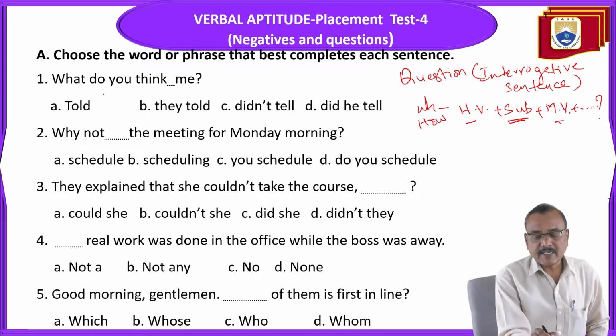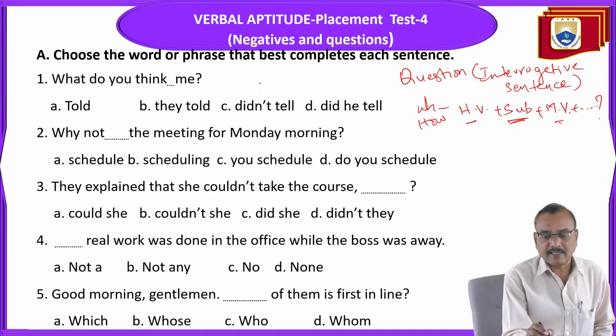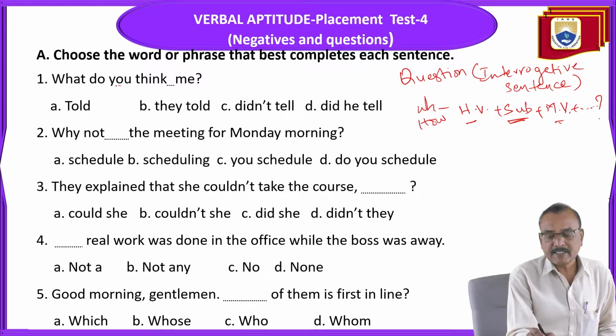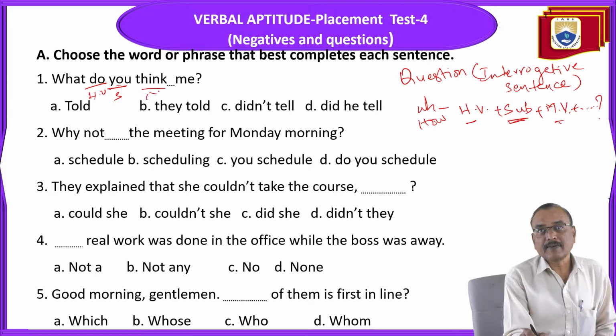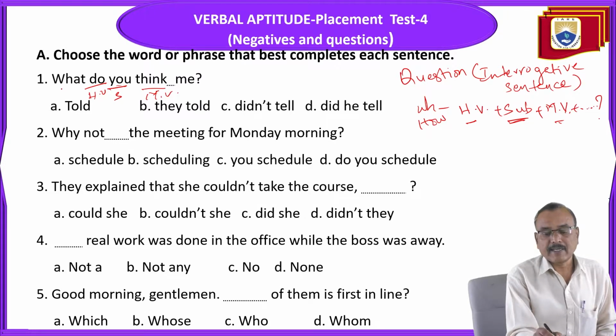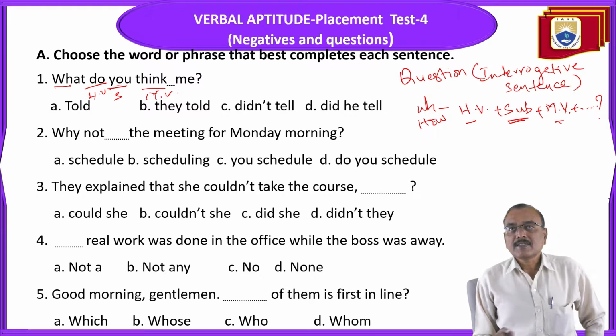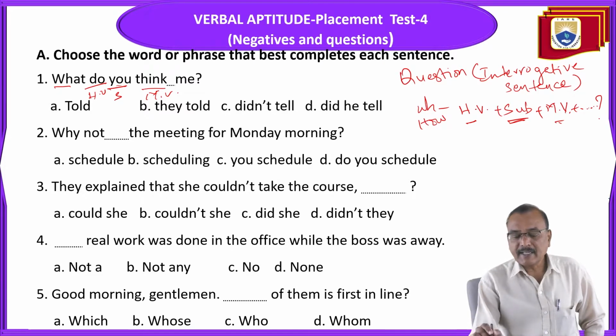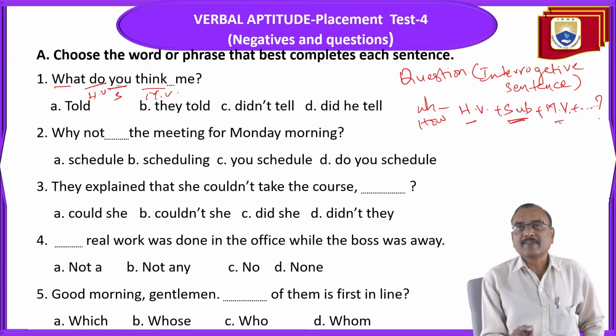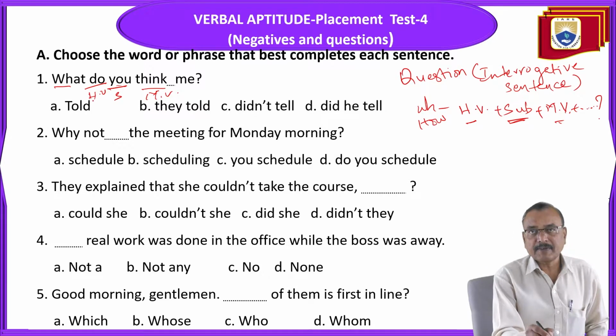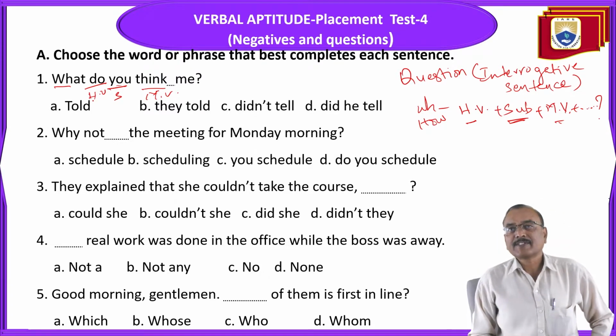So let us see whether it is following that structure or not. What do you think? This is the subject, here it is the helping verb, here it is the main verb, and this is the WH form. So it is following the structure. The remaining part should not be in inverse. Here the subject and helping verb are already in inverse form.